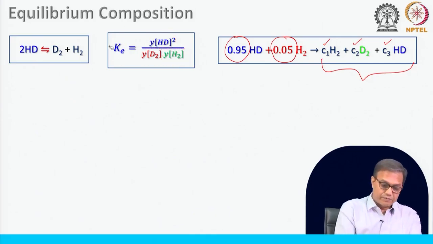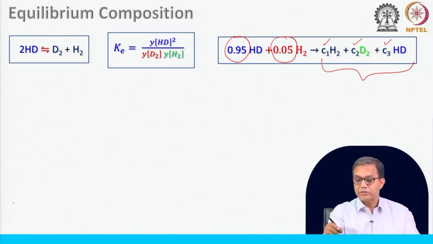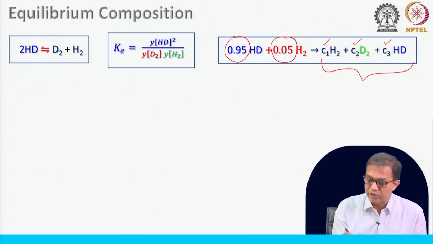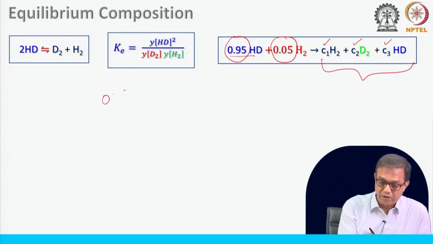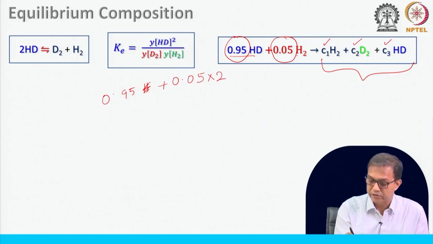Okay. So, this can be done by, let us look into this. First of all, we can do the hydrogen balance in this equation. If we look at this, it is 0.95 for the hydrogen, and then it would be 0.05, I am sorry, this is not there, 0.95 plus 0.05 into 2, that is for the hydrogen on this side.